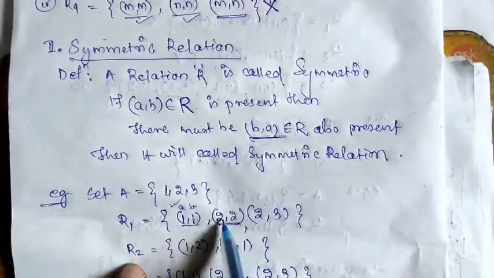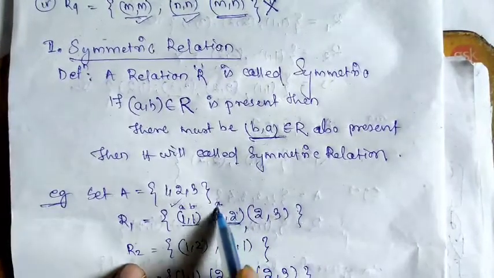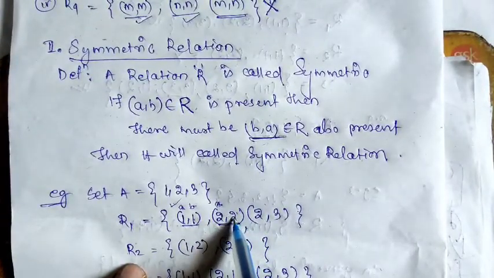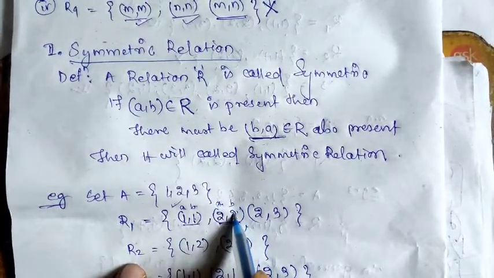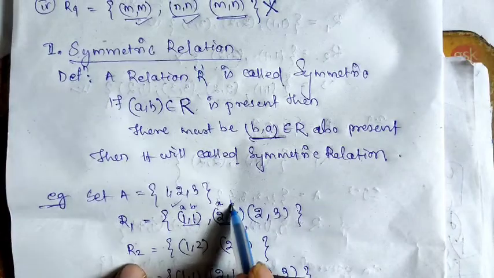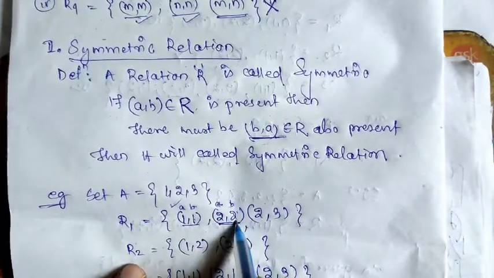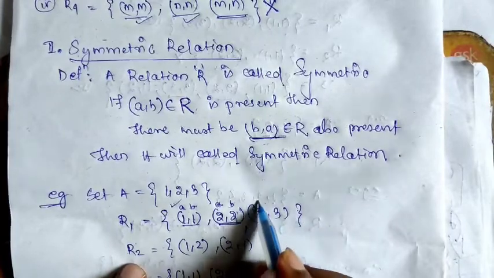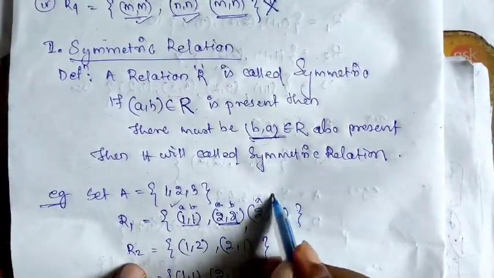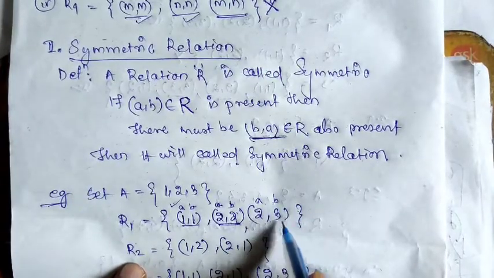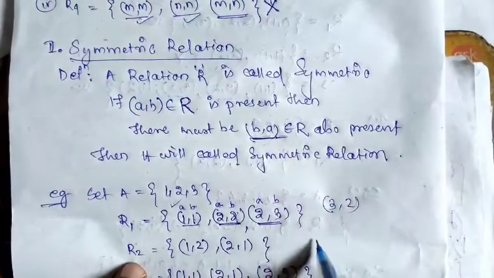For 2, 2, if we consider the first 2 as A and the second 2 as B, then AB is present and BA is also present. If we consider 2 as A and 3 as B, the alternative 3, 2 is not present.